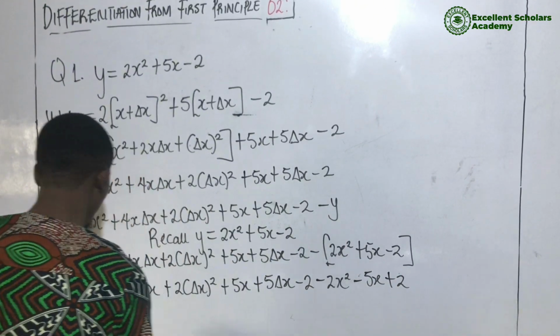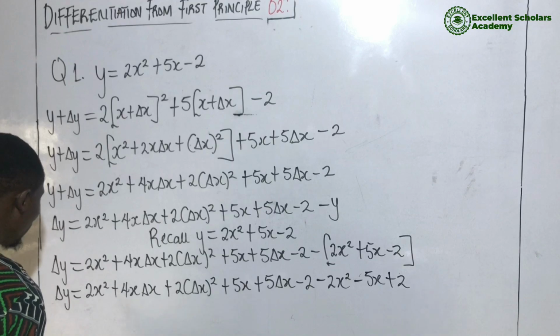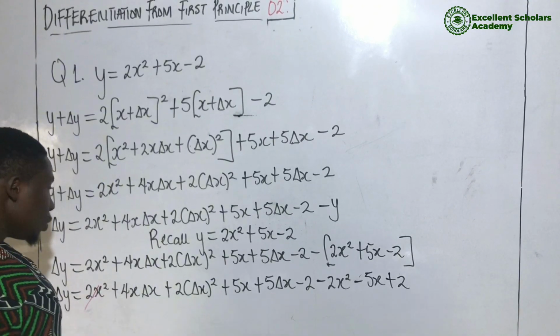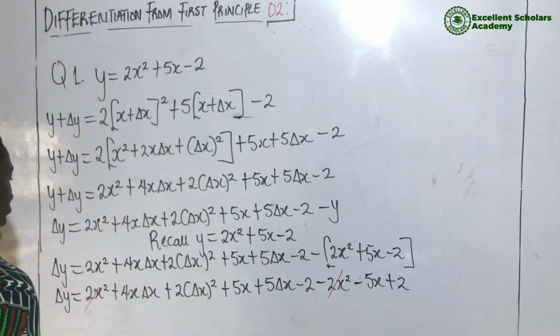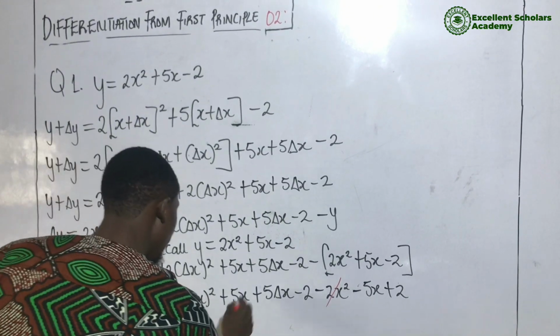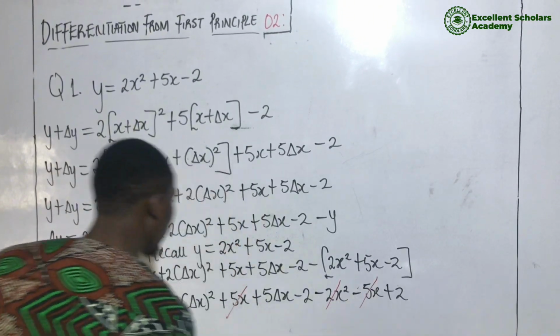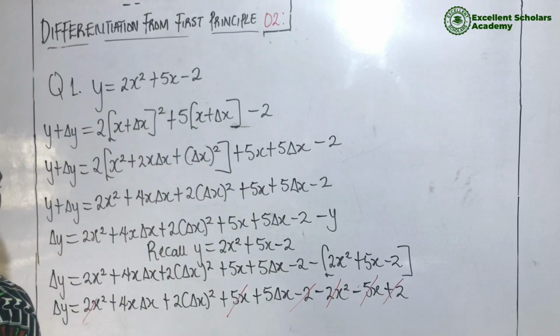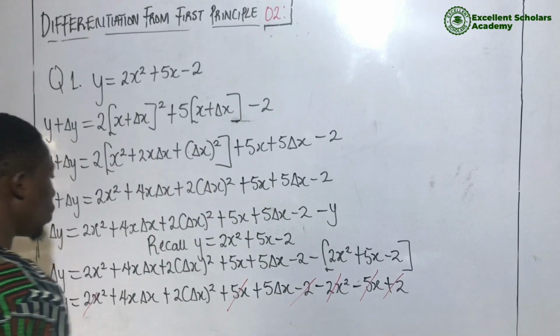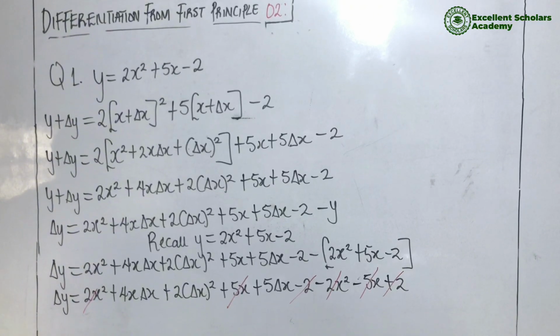Now we can have this take away this. So plus 2x squared takes away minus 2x squared. Now 5x takes away minus 5x. Minus 2 takes away plus 2. Okay? Is there any other thing we can come to? I think there's no other thing.